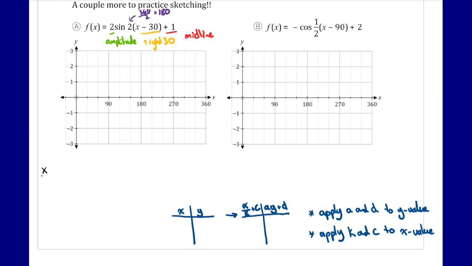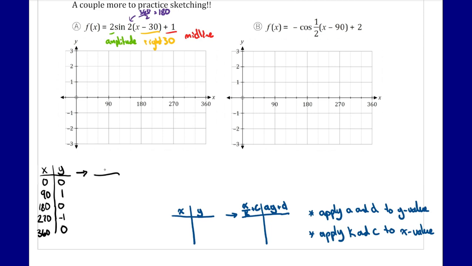So what that means, I need to know my base function. 0, 0, 90, 1, 180, 0, 270, negative 1, and 360, 0. That's my original function.